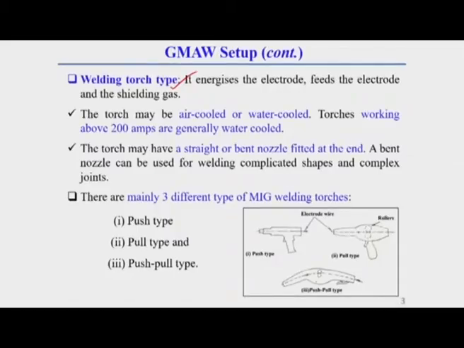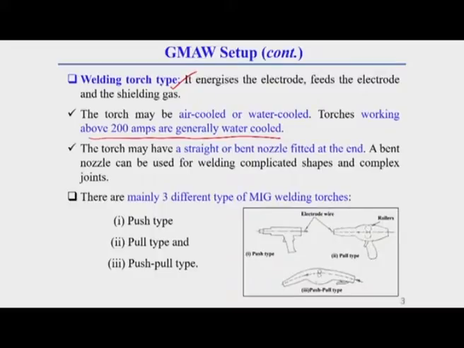Generally, if the current range is above 200 ampere, these types of welding torch are cooled by a water cooling system. So above 200 amperes, when we go for using these types of welding process, a water cooling system is required to cool the gun or torch.